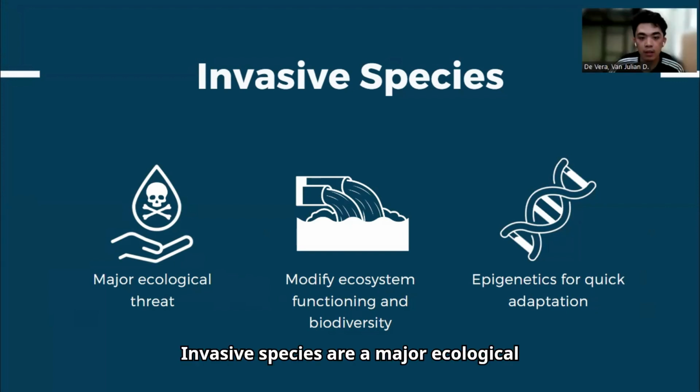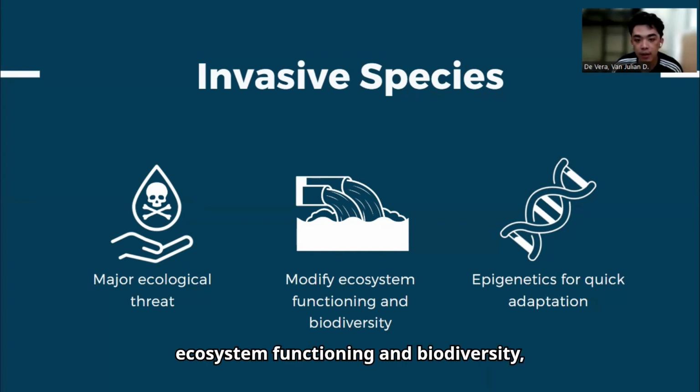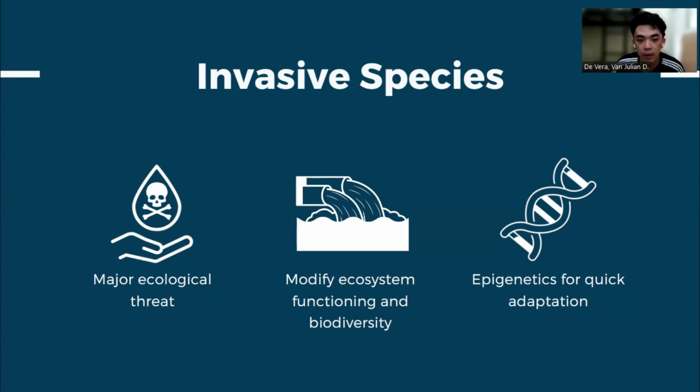Invasive species are a major ecological threat to numerous ecosystems across the world, including the water cycle. Numerous studies have demonstrated that invasive species have the power to modify ecosystem functioning and biodiversity, making them important drivers of global change. With the help of epigenetics, these species can quickly adapt to the present environment and colonize it more easily.